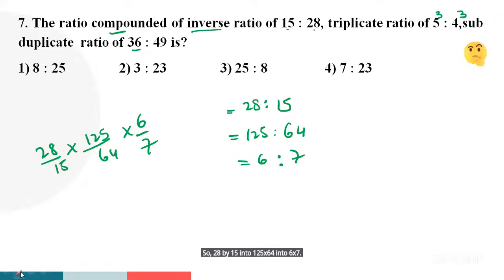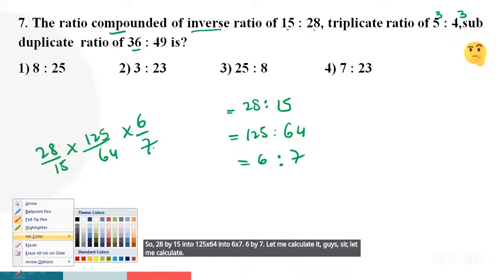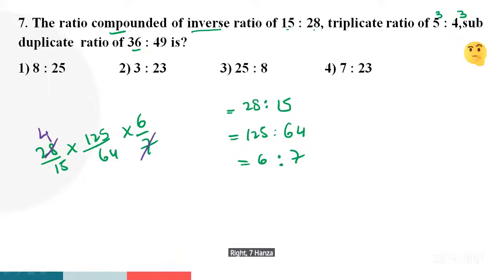Let me calculate, guys. 7 ones are 7, 4 sevens are 28, so that cancels. Any cancellations, guys, here? 5 threes are 15 and 5 twenty-fives are 125. Any more cancellations? 3 ones are 3, 3 twos are 6.